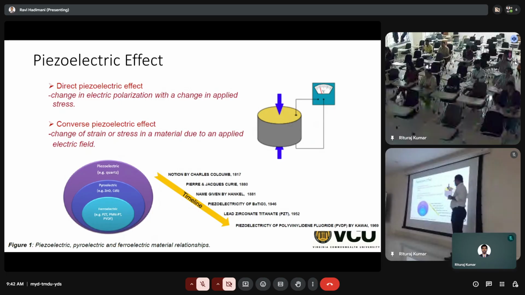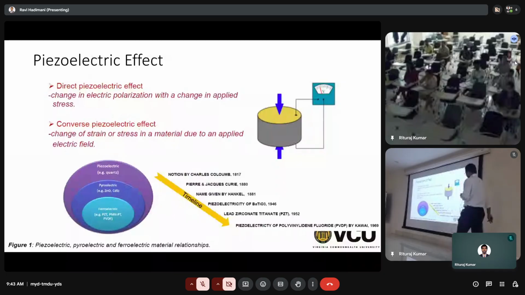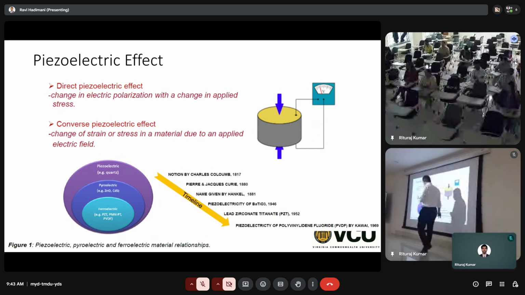So you apply a stress and you get a voltage. And the converse piezoelectric effect is when you apply an electric field or voltage, and you get a change in dimension or change in strain or stress. And that is the converse piezoelectric effect.